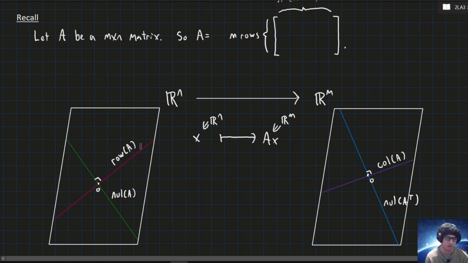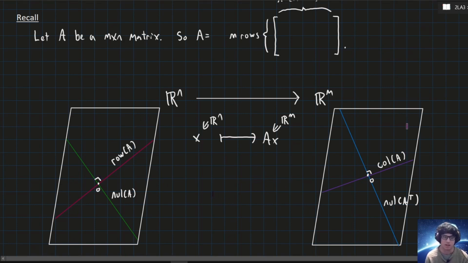Okay, we got the row space and the null space in Rn. Okay, and now we know, in fact, that drawing it like this is correct because these two spaces are perpendicular, they're orthogonal complements.